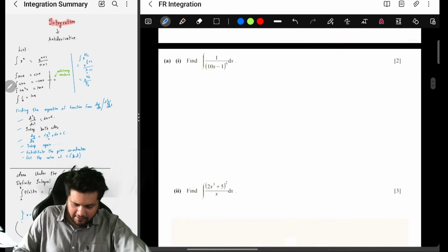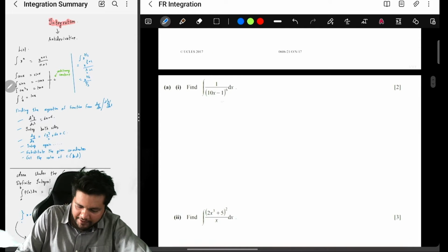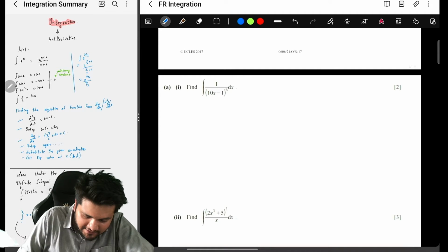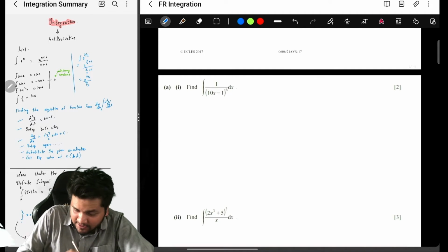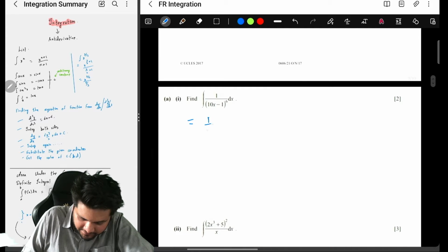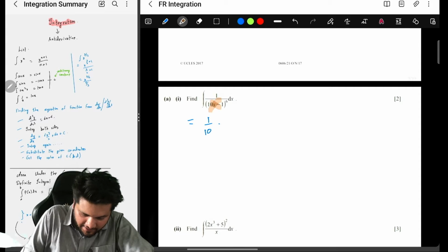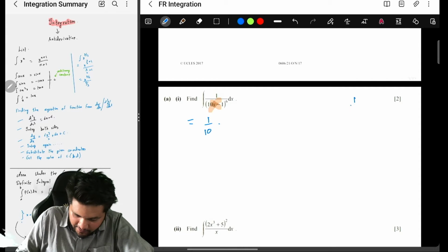Let's go further. Now here we have integral of 1 upon (10x minus 1) to the power of 6, very basic. As I told you, we can consider this thing as x if the coefficient of x, we just keep it in the denominator. So it's going to be 1 by 10. Now we can consider this thing as x, and integral of 1 by x to the power of 6.